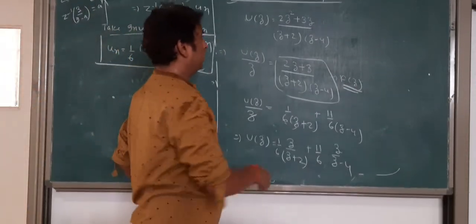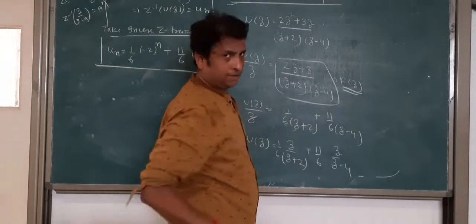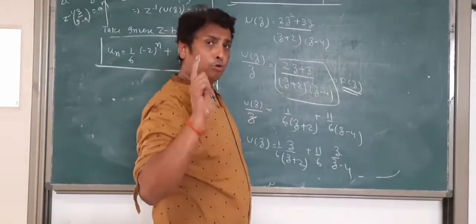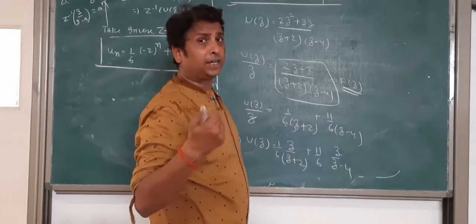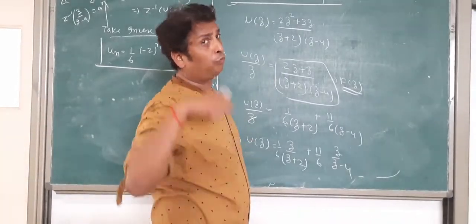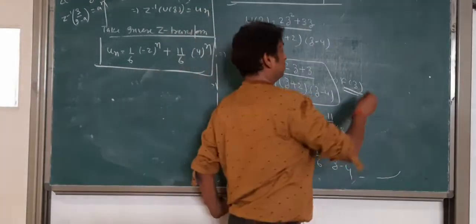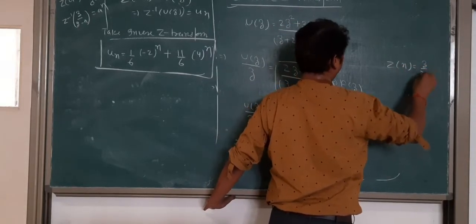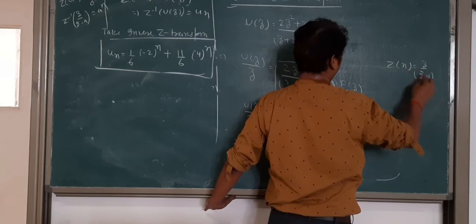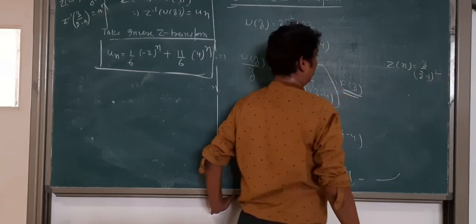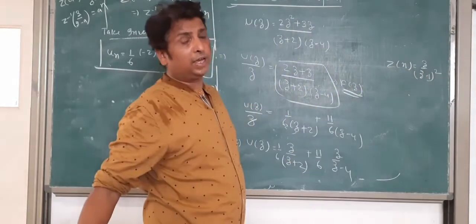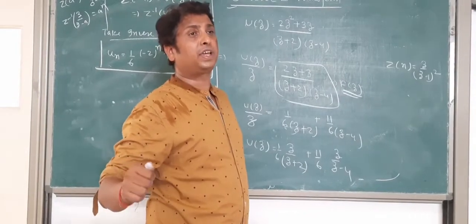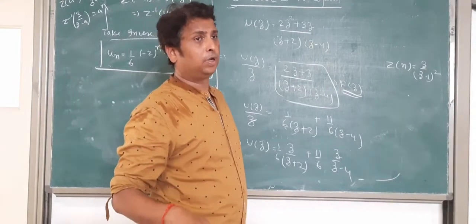Sometimes the denominator contains a square, suppose (z plus 2) whole square. You know square terms come in the denominator for which transform? Z of n is z upon (z minus 1) whole square. So the square term comes here only. Cube terms come in n cube, n square.